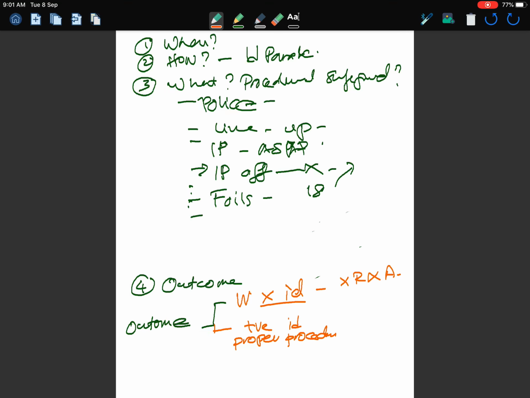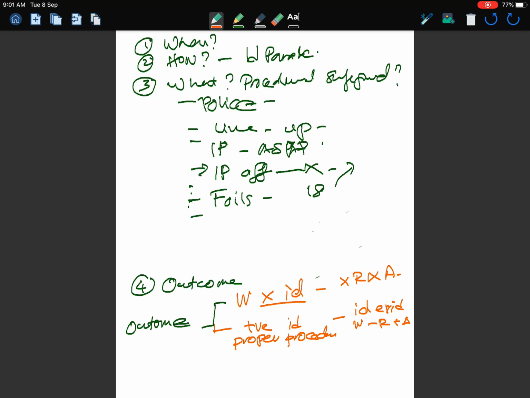Number two, there could be positive identification by the witness, and the positive identification is also supported with proper procedure. That means you have a situation here where the witness positively identified the accused person and the police has complied with proper procedure. Now what will happen here is that the identification evidence of the witness is relevant and admissible to be tendered as evidence in the court.